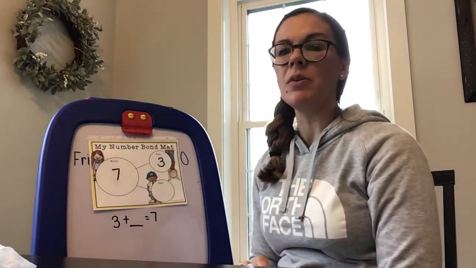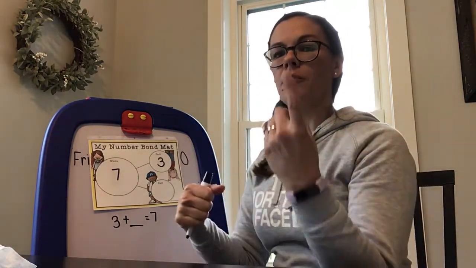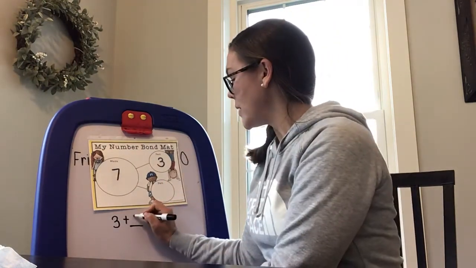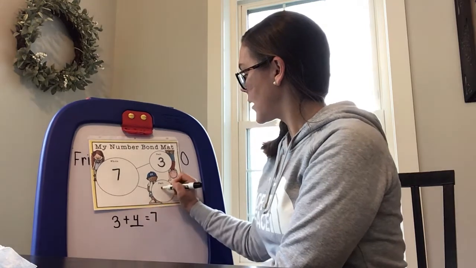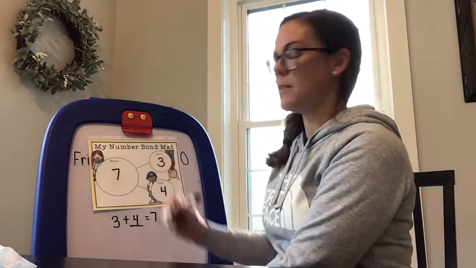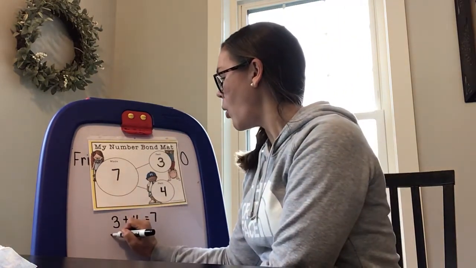So guess what we're going to use? Our hit and count up method. So 3, 4, 5, 6, 7. Once I have this, I can also use my number bond mat to show a subtraction equation. My whole is 7.